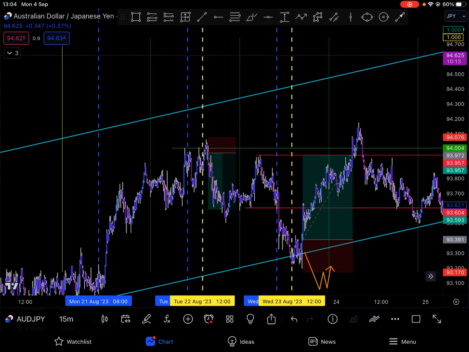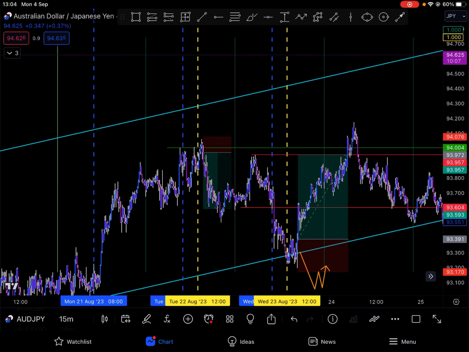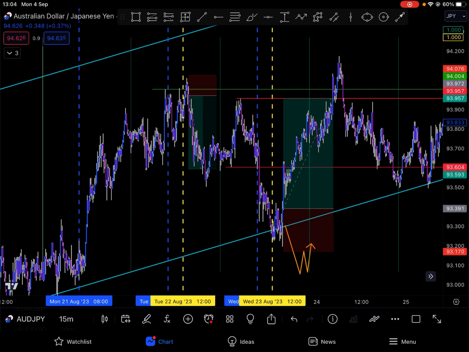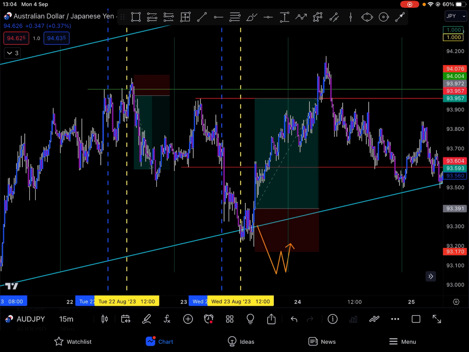Isn't that beautiful? So in order to manage your trades, if it goes halfway to your profit, you can set alerts over here.